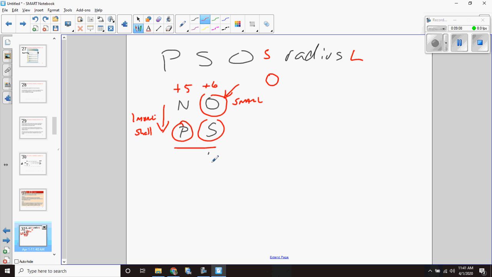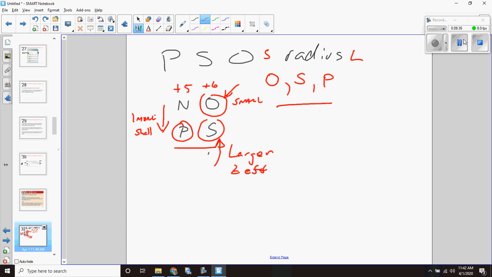So as a result of sulfur having a larger effective nuclear charge, Zeff, sulfur should be smaller in size than phosphorus. Okay, so in terms of increasing radius, we should go from oxygen to sulfur to phosphorus. And this is a great test question. They're going to ask you questions about this all the time.